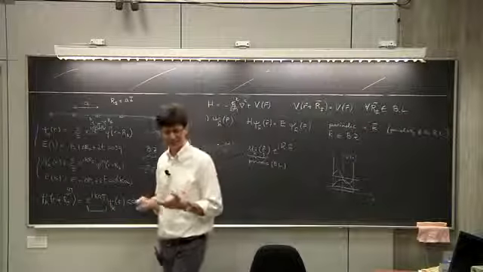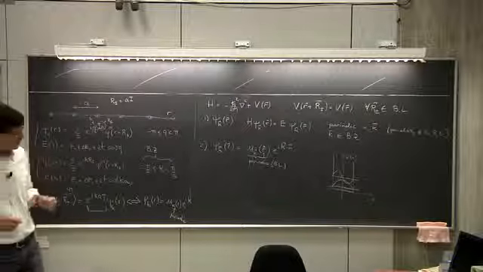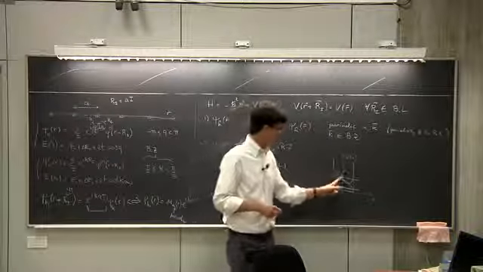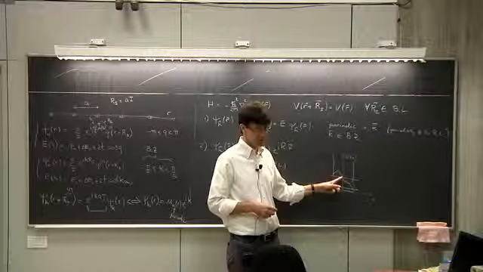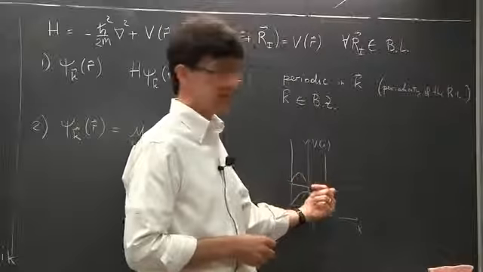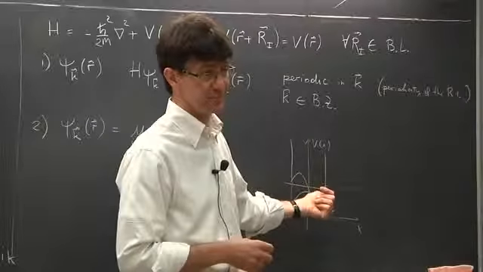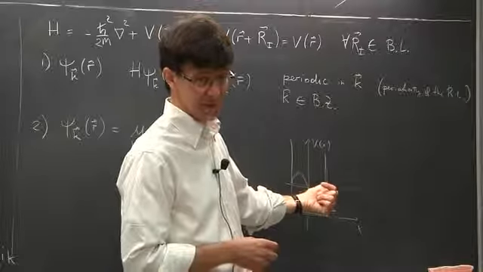I'm sure you have seen this in quantum mechanics. For example, this particular wave function doesn't have inversion symmetry. But if I apply this symmetry, it goes into minus itself. So there's parity.